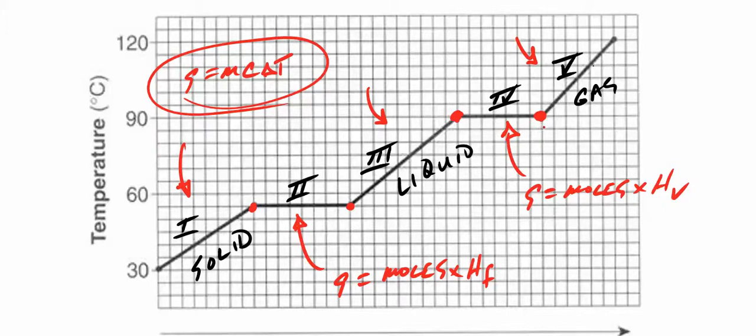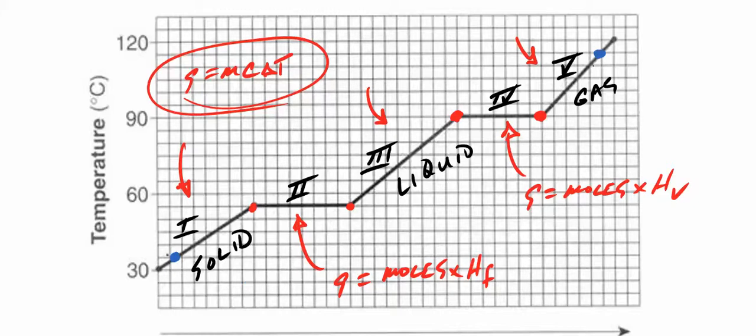So you'll often be asked, for example, to start down here with a liquid and end here with a gas, or start with a solid and end with a gas, and you need to know how many joules or kilojoules of heat are necessary to do that.